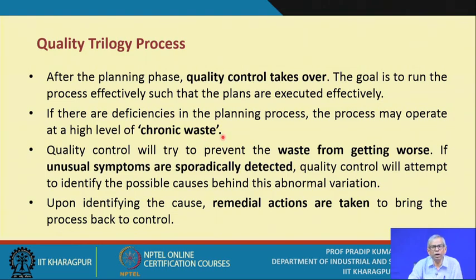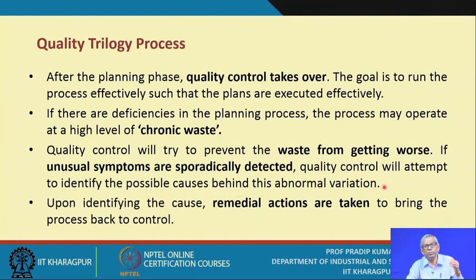That means, suppose you find that the material quality is not good, and you cannot change it, whatever the reasons. It may be treated as chronic waste. Quality control will try to prevent the waste from getting worse. If unusual symptoms are sporadically detected, quality control will attempt to identify the possible causes behind this abnormal variation.